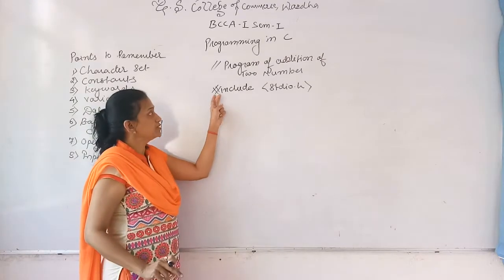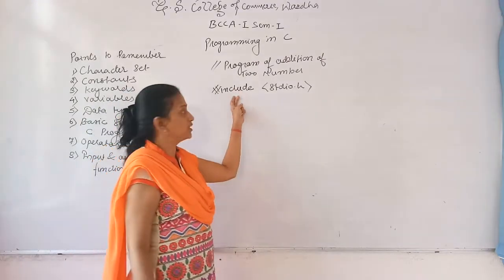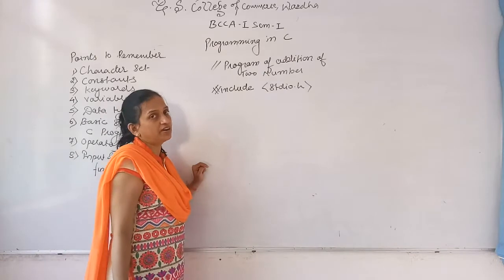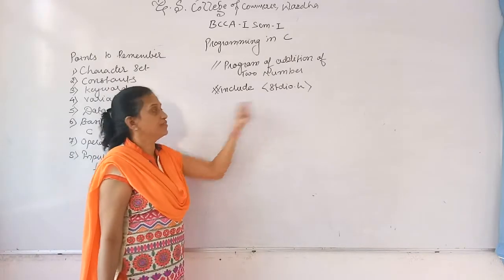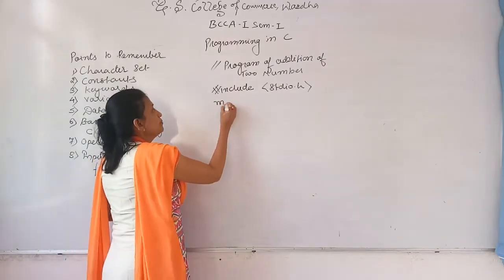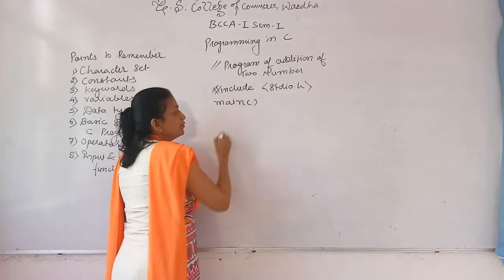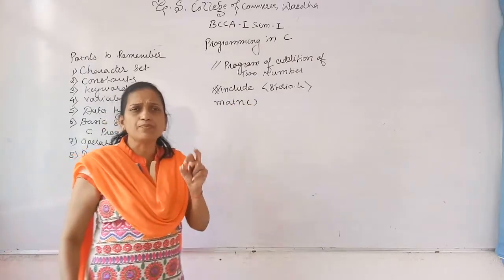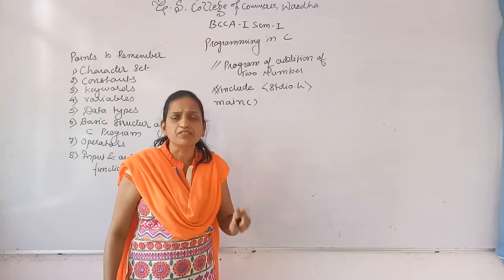Include is an instruction for the compiler, and stdio.h is the name of your file. Then main, as I told you, the main function; every program must be written in a main function.